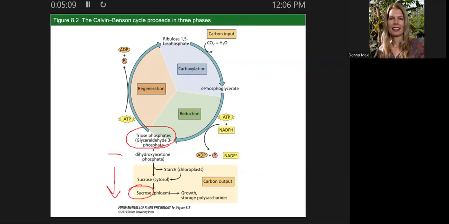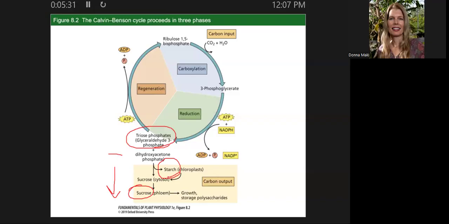Or if this is really cooking along really well and there's plenty of G3P building up, then the plant might go, you know what, I think I'm gonna make some starch. So they're also showing that. So that's another option. If everything's going great, the plant will say, yeah, I'm gonna go ahead and save up for a rainy day.